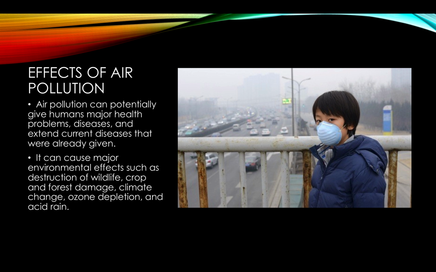And this can affect wildlife and crops along with climate and creating acid rain. So these types of things can affect our environment as well. It doesn't affect living things and humans only.